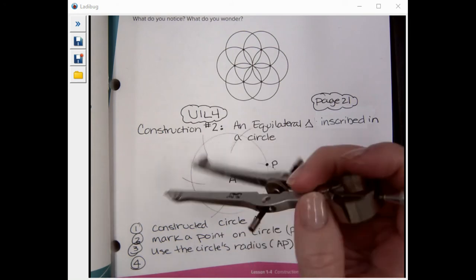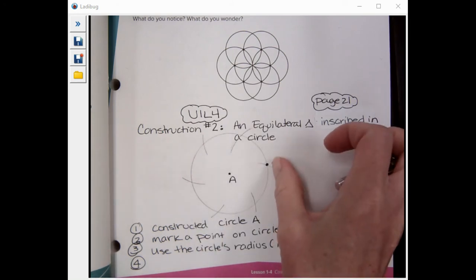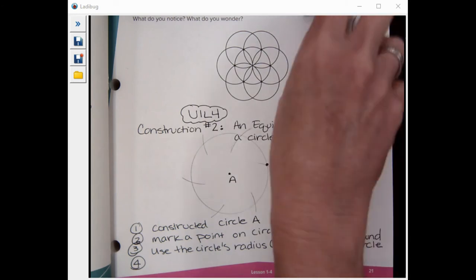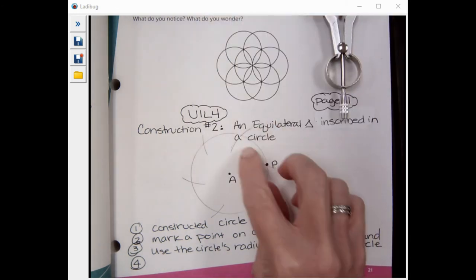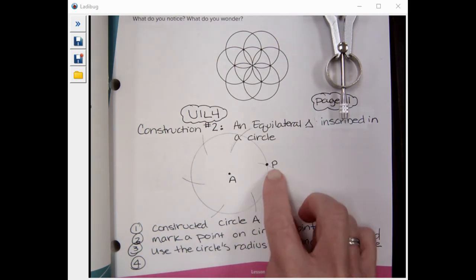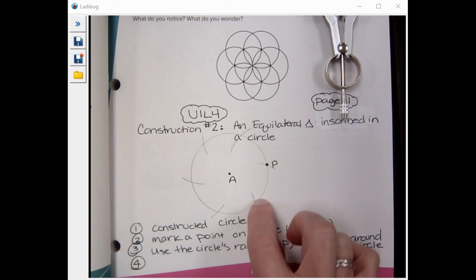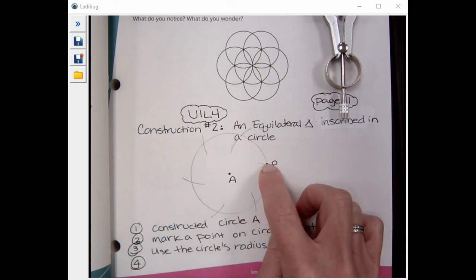All of these small details, when you do them multiple times, can create human error. So I wouldn't worry about it as long as you're close to your starting point. What you should have is 1, 2, 3, 4, 5, 6 total arcs. Don't count this again, and there's not 7. You should have 6 total arcs if you've done this correctly.